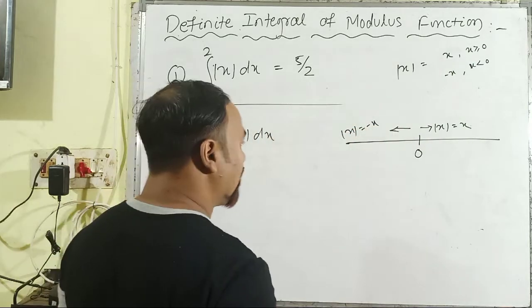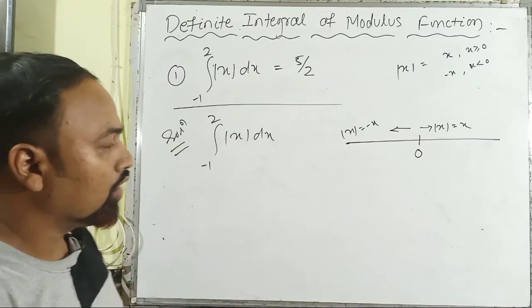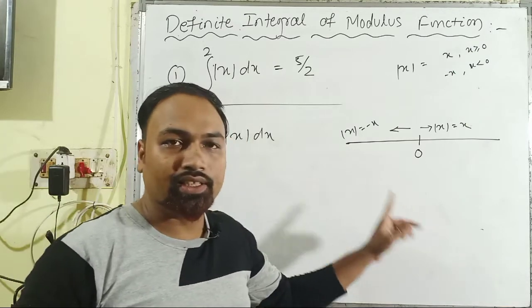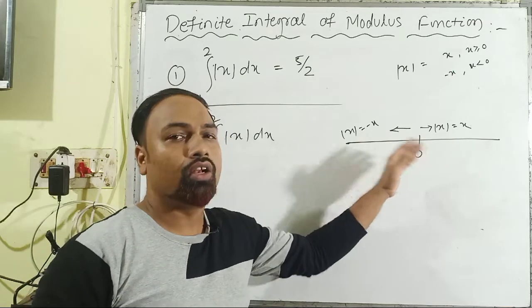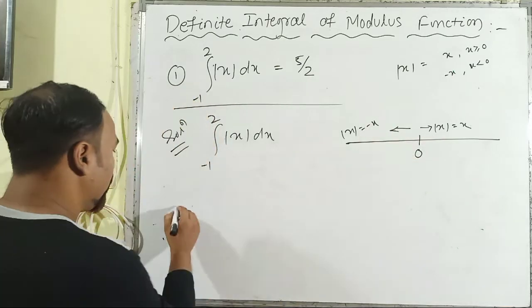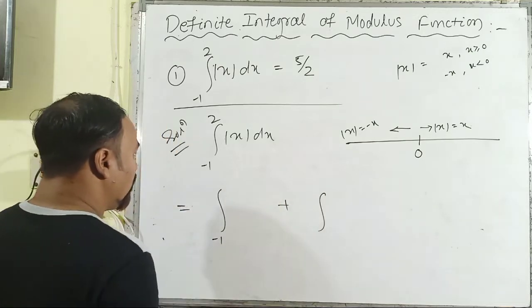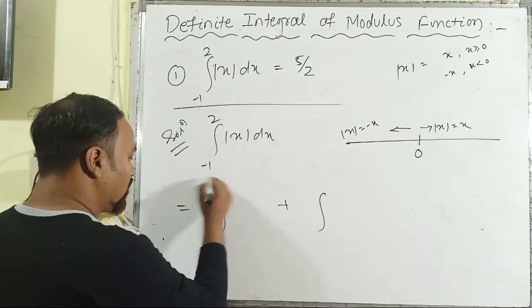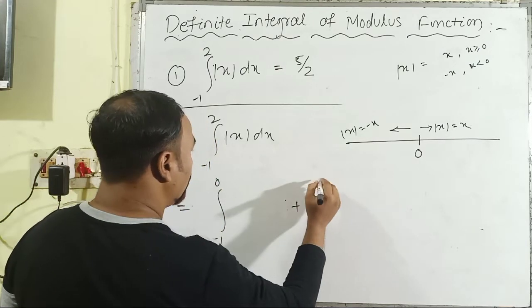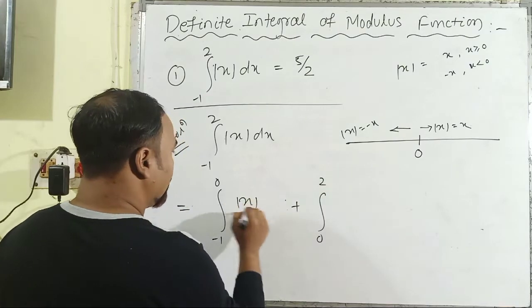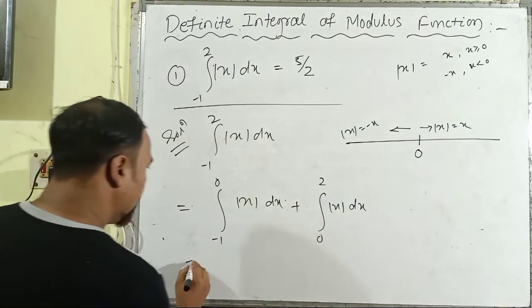So first of all we have to find the point at which the behavior of the function changes by crossing over that point from right to left or left to right. Then we separate the given integral into two parts. The first one is minus 1 to 0 and the second one is 0 to 2, and again the integral is modulus of x dx.